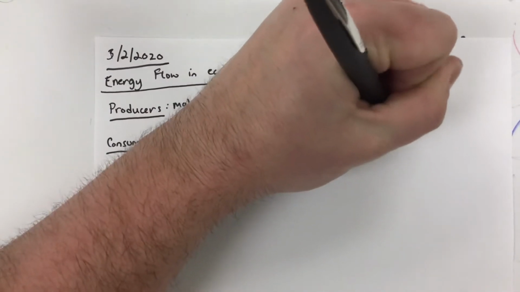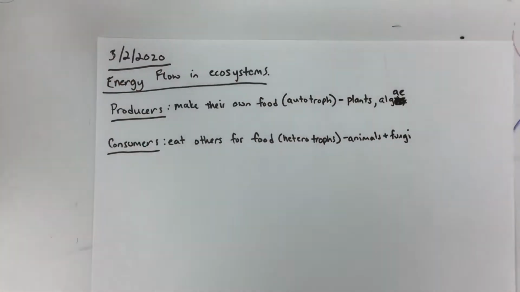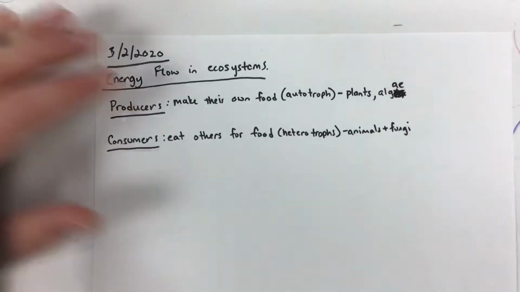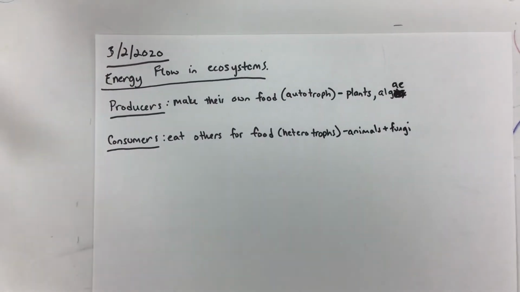and fungi. Why did the mushroom get invited to the party? Because he's a fun guy. You get it? I just remembered this dad joke yesterday. I told it to my friends.